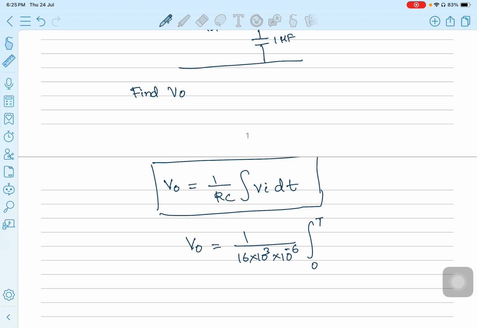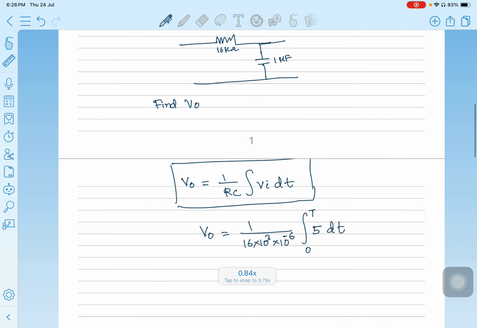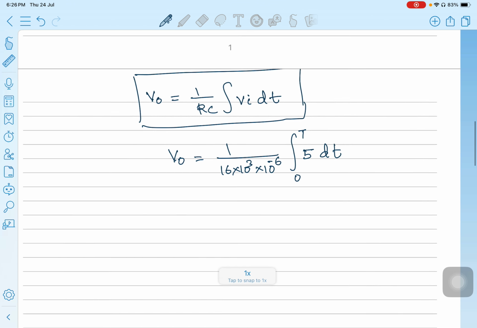I'll substitute that value of t later. And the input Vi is given as 10 Vpp, so half of 10 Vpp is 5. Here we will write 5 dt. Okay, so I proceed further.